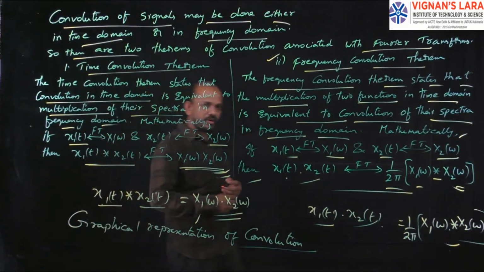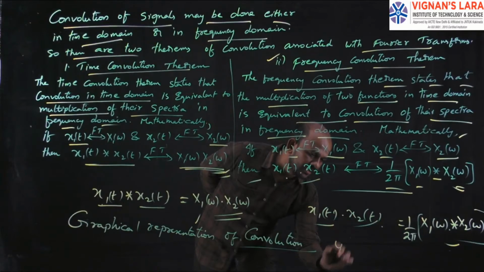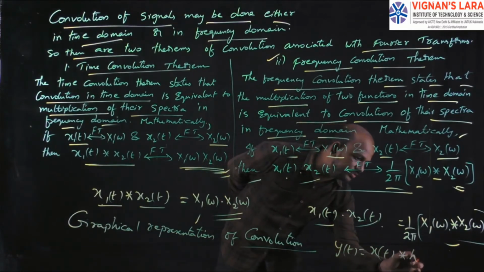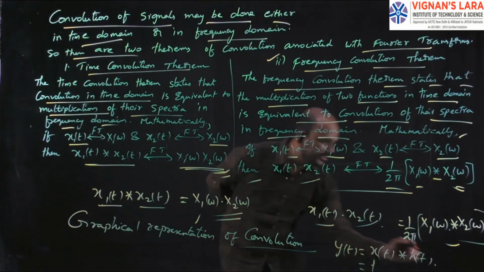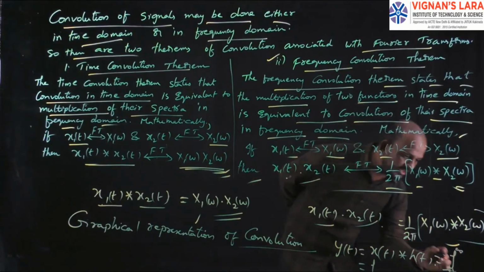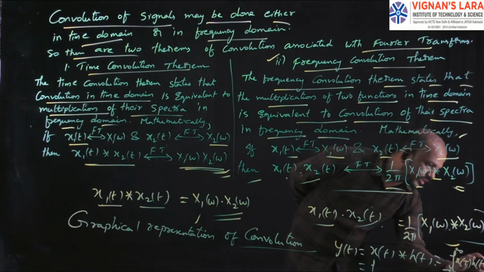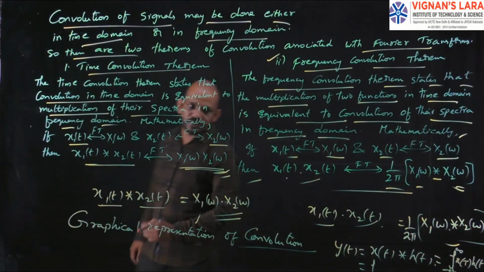So the convolution formula is nothing but y of t equal to x of t convolution h of t, and that will be equal to integral minus infinity to infinity x of tau h of t minus tau d tau. Okay, you all know the formula of that one.